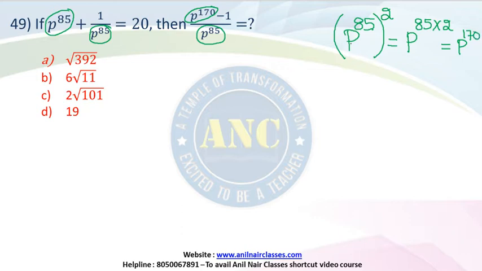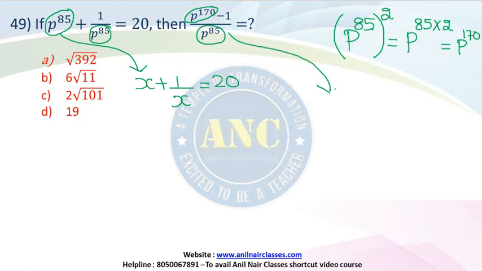That means if I call p power 85 as x or any other variable, then the given condition becomes x plus 1 by x is equal to 20, right? x plus 1 by x is equal to 20. The asked expression becomes p power 170, which is nothing but x power 2. So (x square minus 1) divided by x is what they are asking.